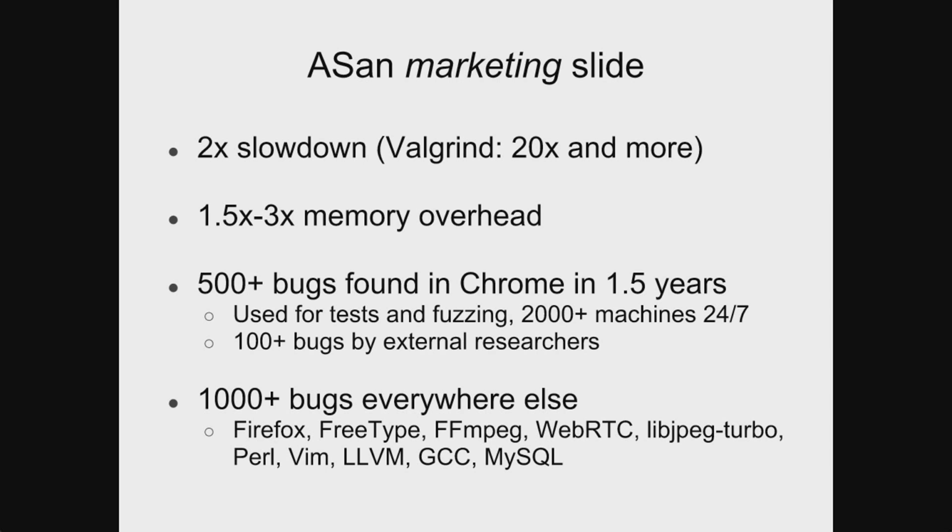But Chrome security team is also doing fuzzing on 2,000 machines 24/7. Fuzzing means they're generating more or less random test inputs. Well, smartly random, I would say. And they throw these tests into the instrumented Chrome.